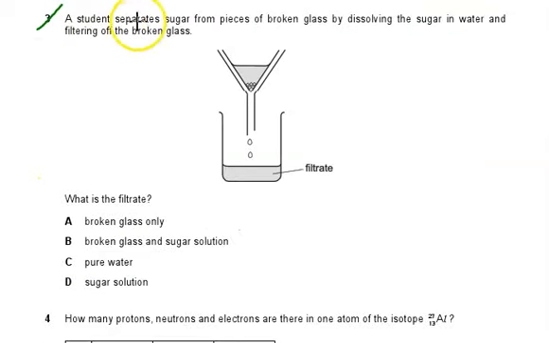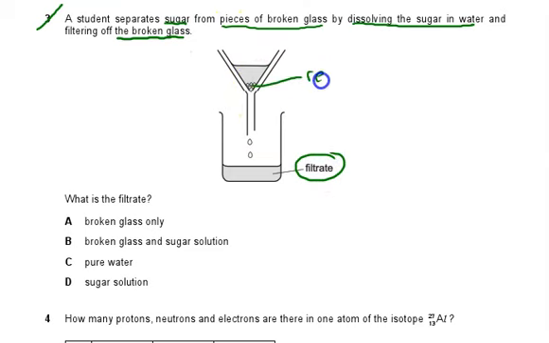Okay, number 3. A student separates sugar from pieces of broken glass by dissolving the sugar in water and filtering off the broken glass. Here is the filtrate, and here is the residue. What is the filtrate? The glass is stuck in the residue, so there is no broken glass in the filtrate, and it should be a sugar solution because the sugar is already dissolved in the water.